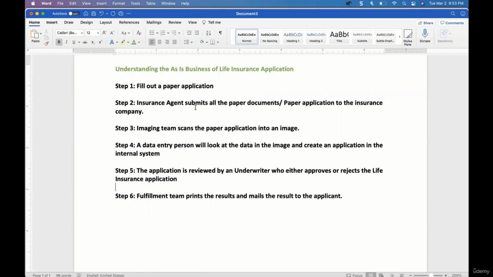And you feel that, you know what, this process is not very efficient, and you identify a lot of current business problems in this process. So the process that we just reviewed, what do you think are some of the business problems?